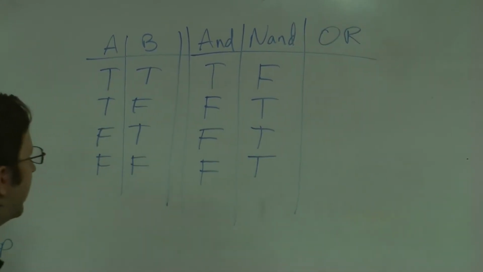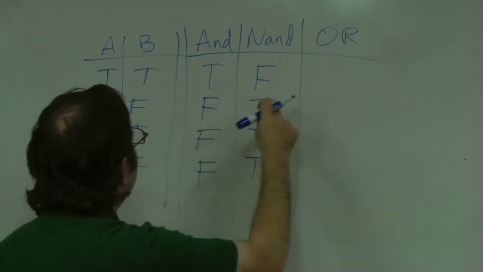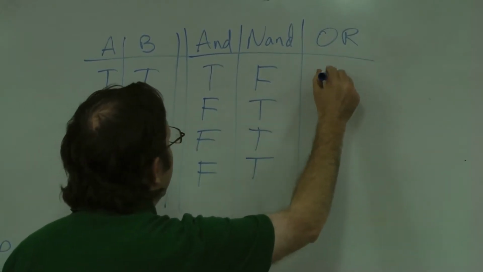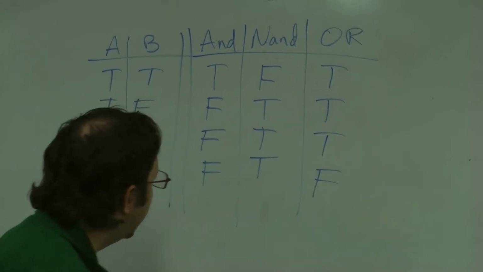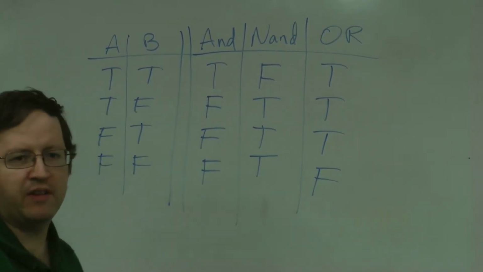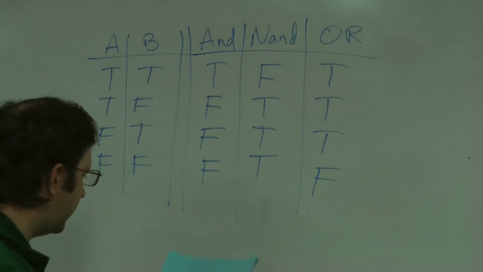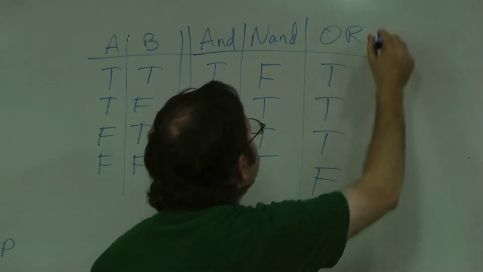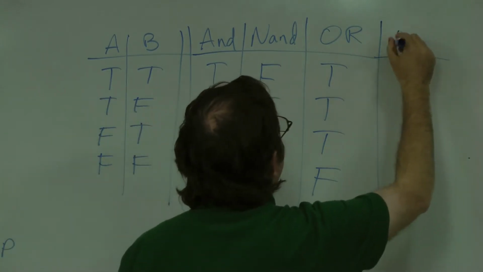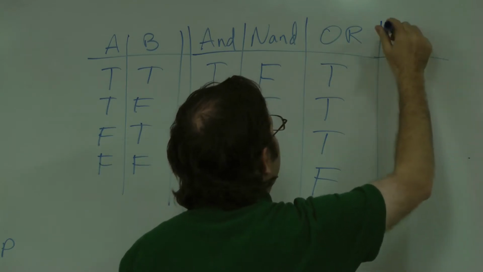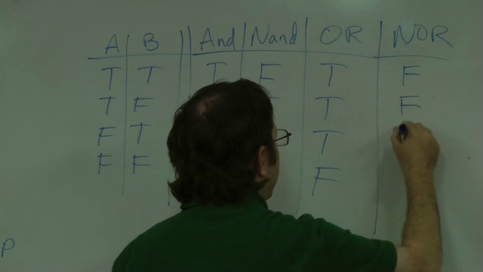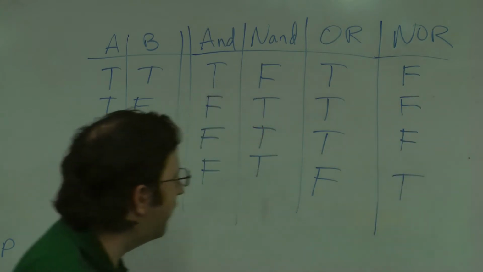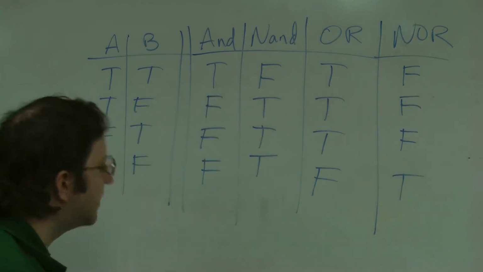And similarly, you have OR, where you only need one thing to be true, and if you have both the inputs to be false, it's false. And similarly, you have NOR, which is the reverse of that.